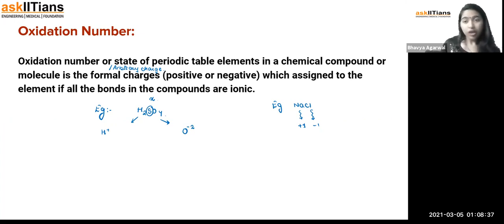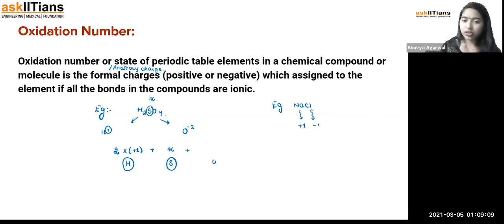Now, if you look at the overall molecule, how many hydrogens do I have? 2. And each hydrogen has a charge of +1. So the total charge contributed by hydrogen is 2 into +1. Same way, when I talk about the sulfur atom, I do not know the charge contributed by it, so let the charge be X. Now I talk about oxygen.